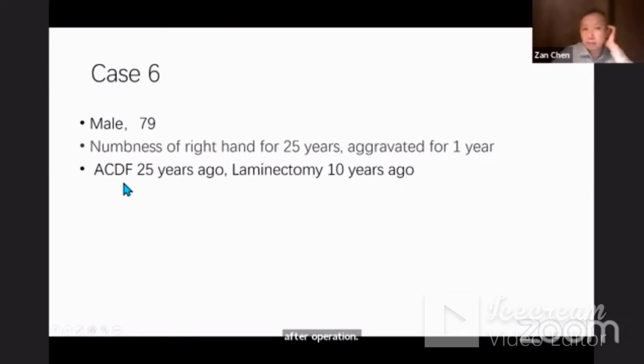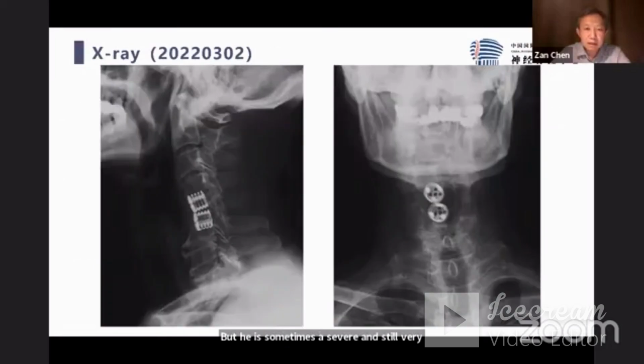And another very special case is a male, 79 years old. He had undergone ACDF 25 years ago and laminectomy 10 years ago, but his symptoms were still very severe. This X-ray showed he had ACDF 25 years ago.